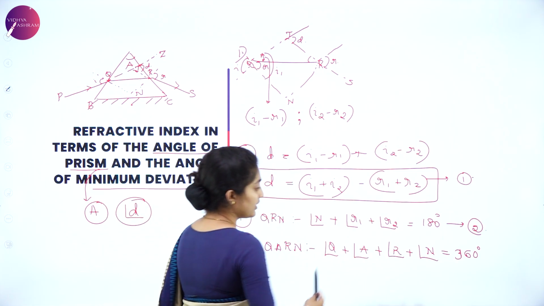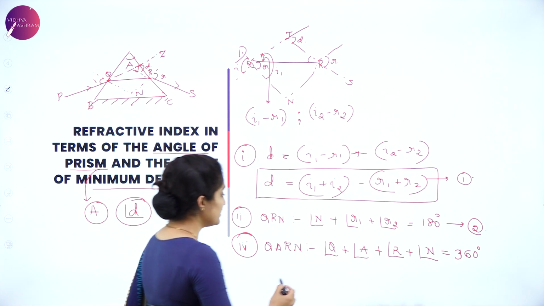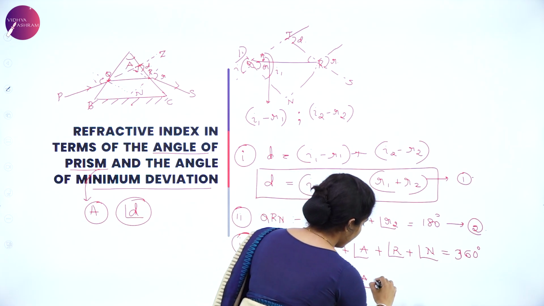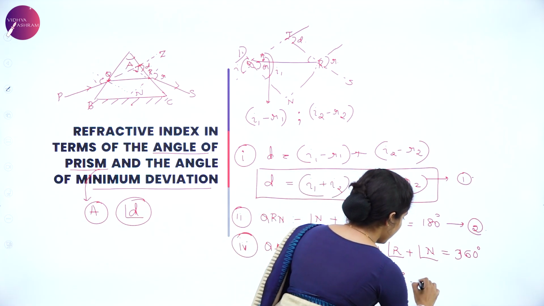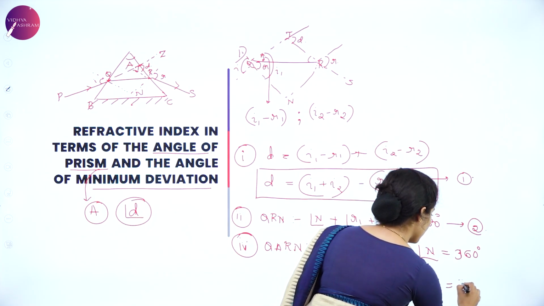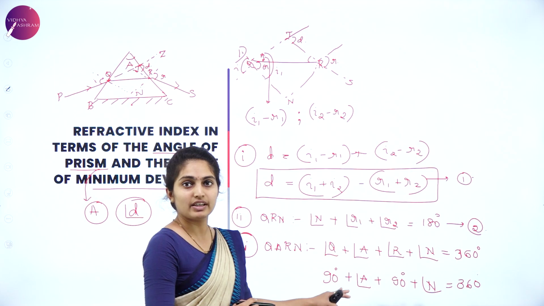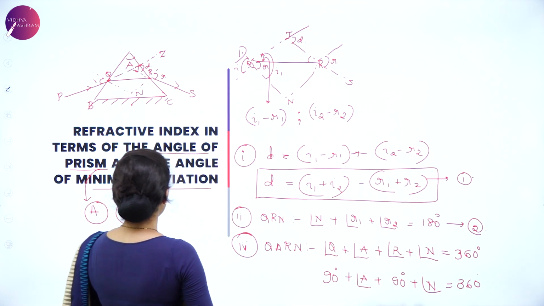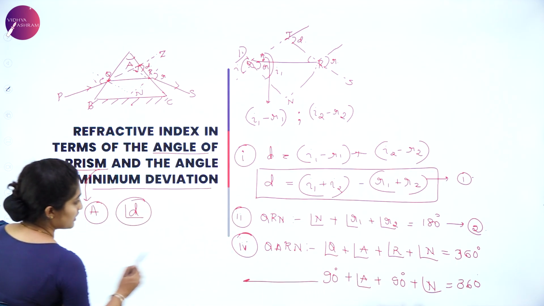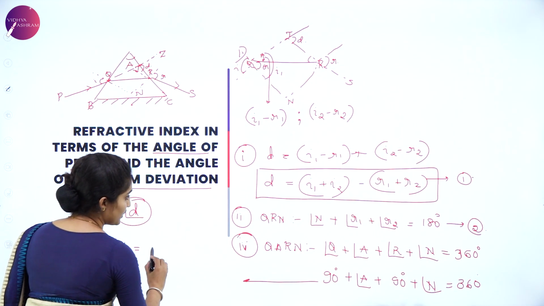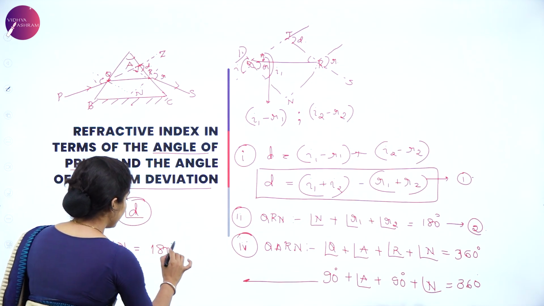Angle Q as well as angle R is 90 degrees. So you have 90 degrees plus angle A plus 90 plus angle N is equal to 360 degrees. So 90 plus 90 is 180, 360 minus 180 again is 180. So angle A plus angle N is equal to 180 degrees.